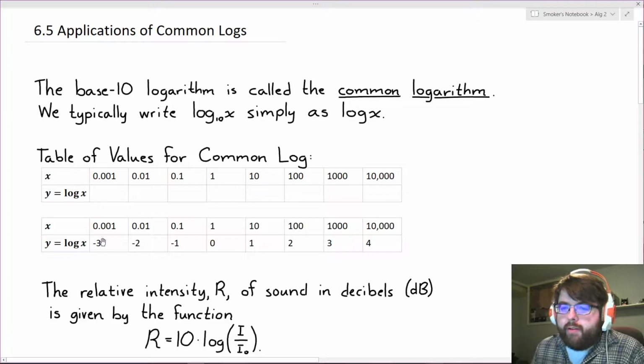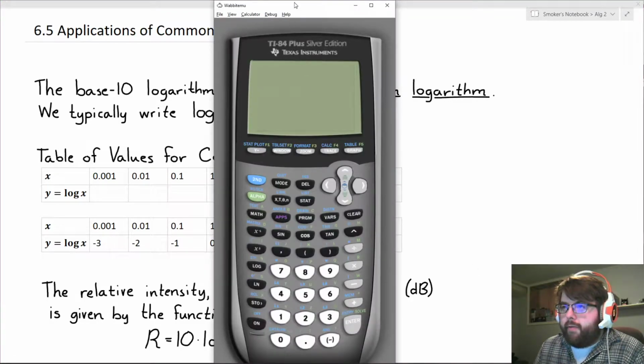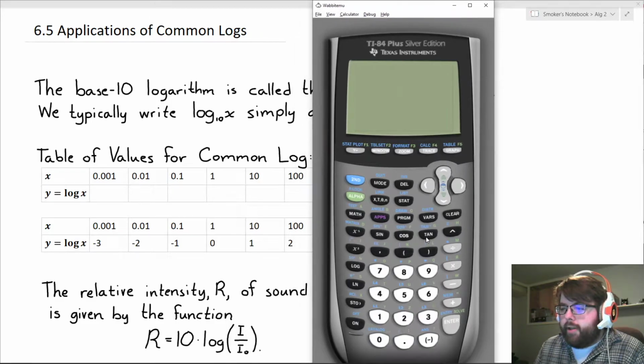Looking at the filled out part of this table, if you have the common log of 0.001, that would be saying base 10, because there's no base listed, to what power gives you 0.001? 10 to the negative third power gives me 0.001. So that's why this is negative 3. Log of 0.001 is negative 3.